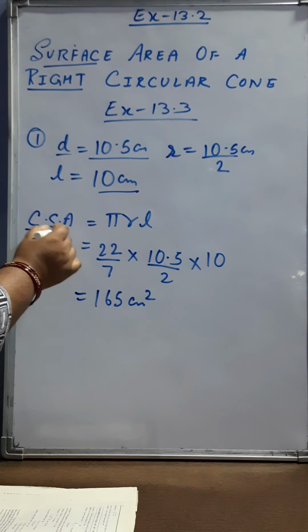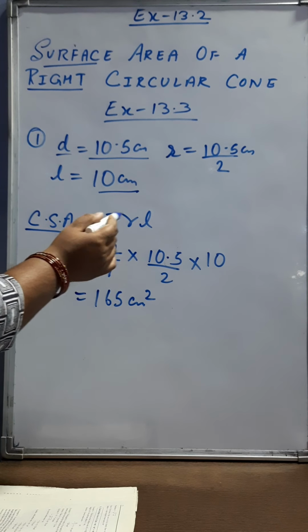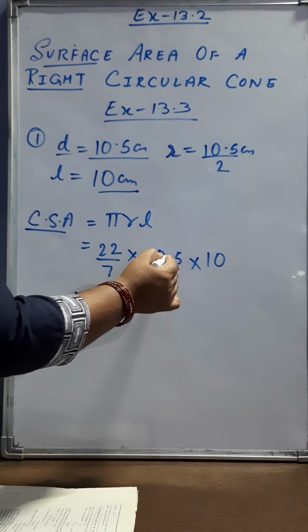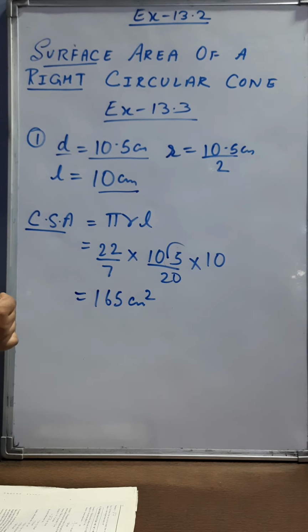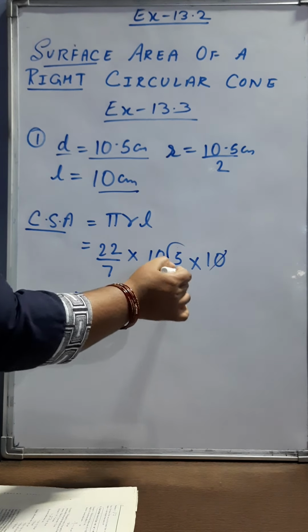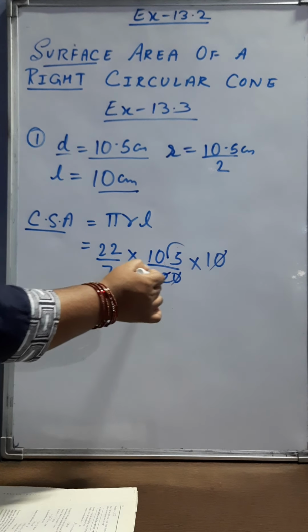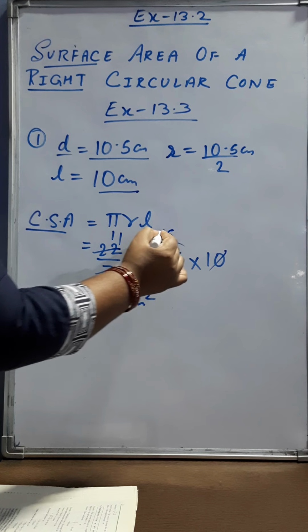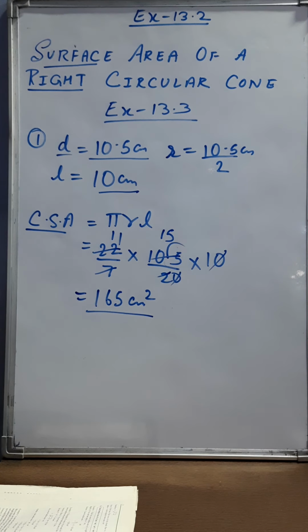So its curved surface area formula just now we have seen pi r L, which is 22 by 7 into radius is 10.5 by 2. By removing this decimal we can write here 0 and L is 10. So this 0 will get cancelled. If we will calculate, we will have 11 into 15, 165 centimeter square is the curved surface area.